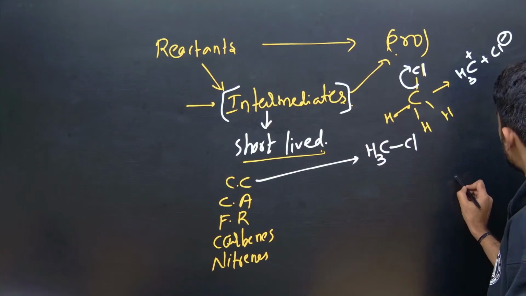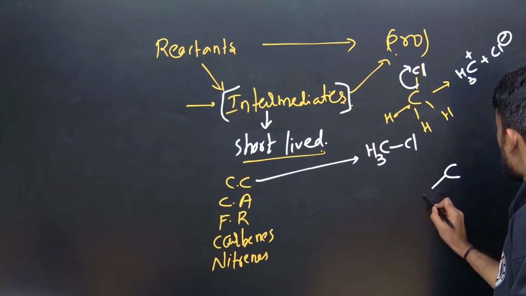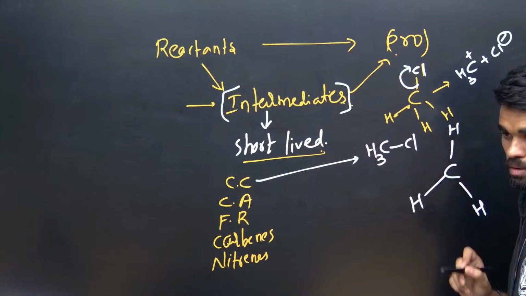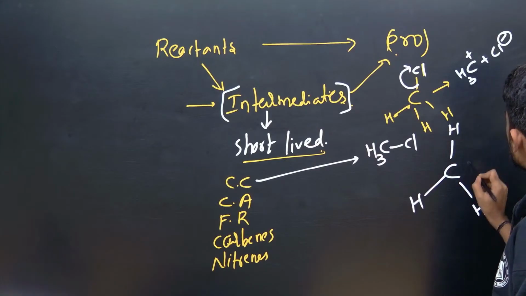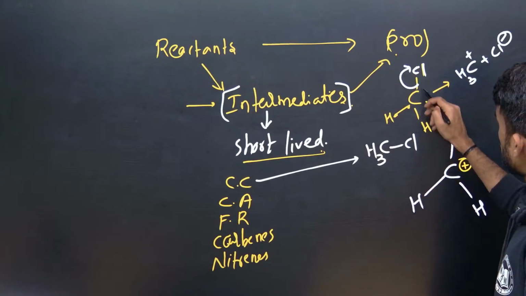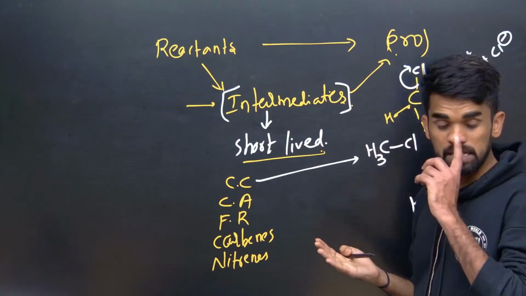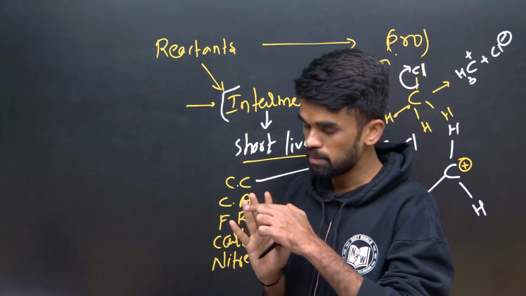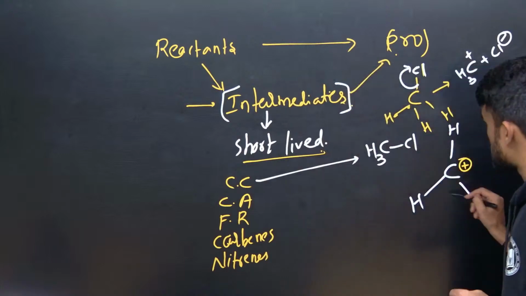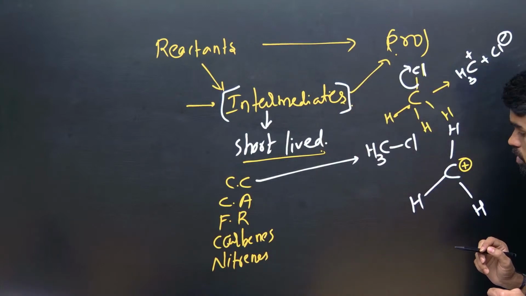Now if you observe this carbon, how many atoms are there around it? 3 atoms like this. What is the charge here? Positive charge. Whenever we have 4 sigma bonds, we can say sp3 hybridization: s, p1, p2, p3. Now how many sigma bonds are there in the carbocation?